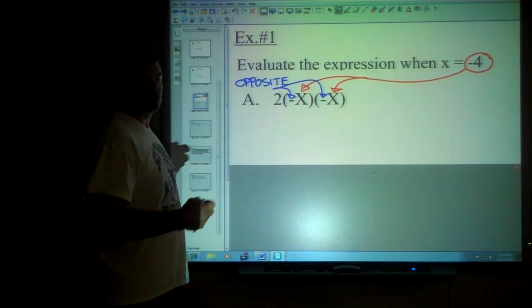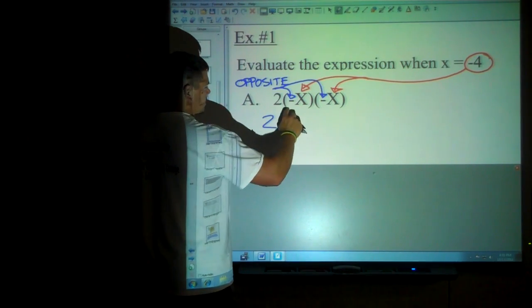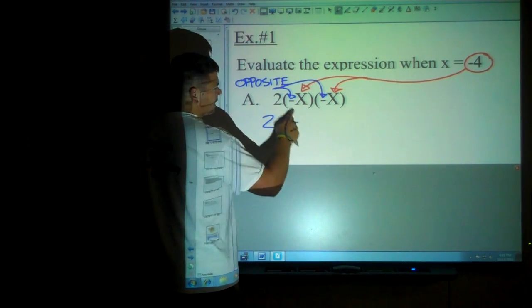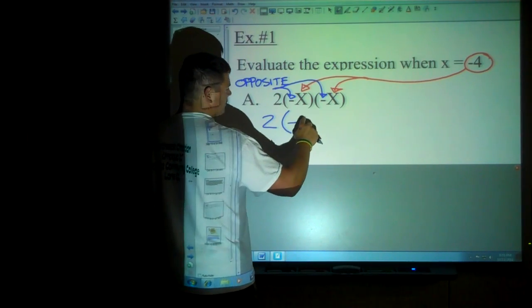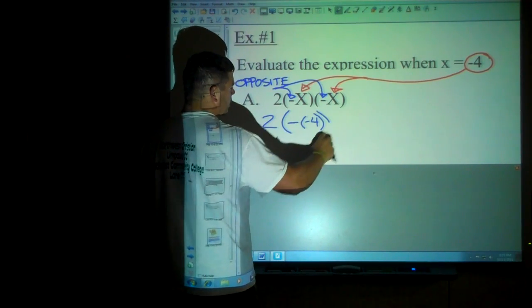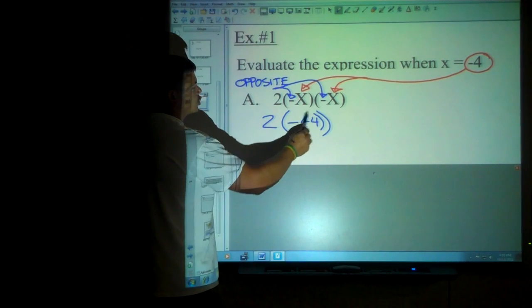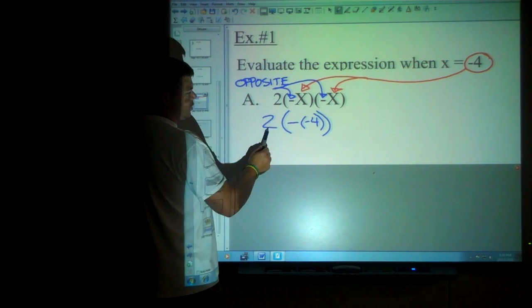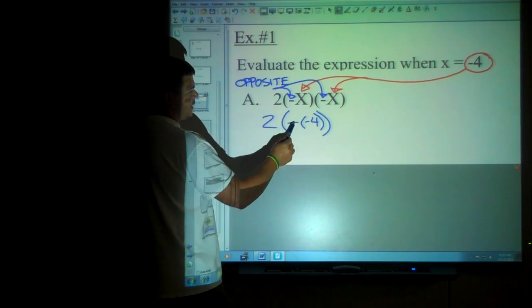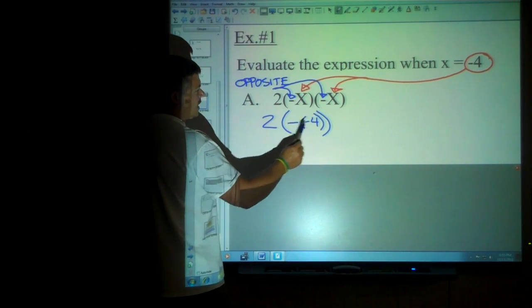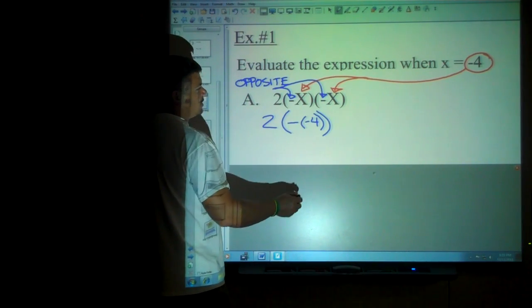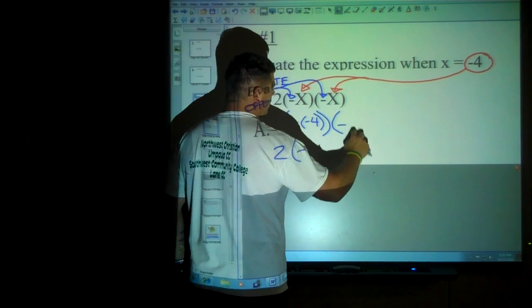If I actually substituted it in, it would look like this: 2, and then there'd be a negative for the opposite, and then I'd have the -4 in here, because that's the actual x value. This 2 is still here, that parenthesis is still here, this negative is still here, and the -4 is the x. And I'd have the exact same thing over here.